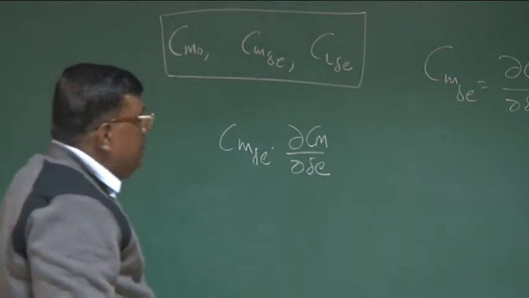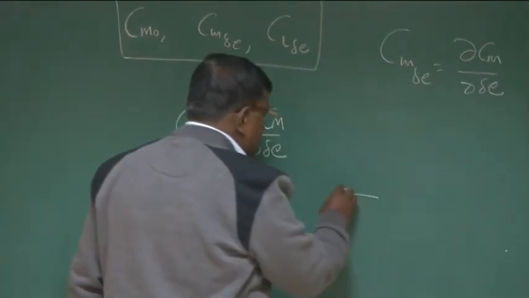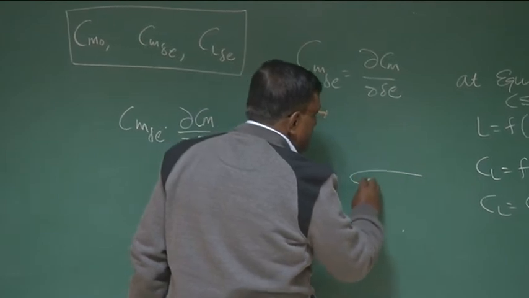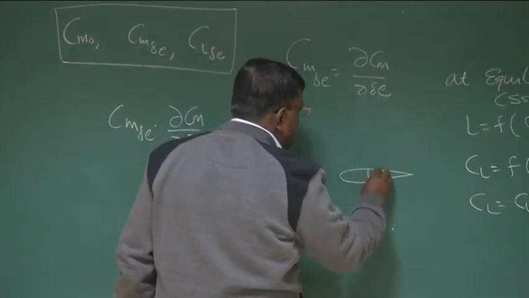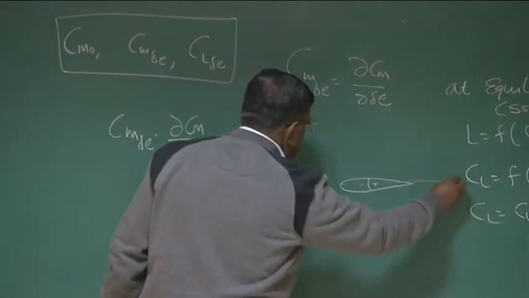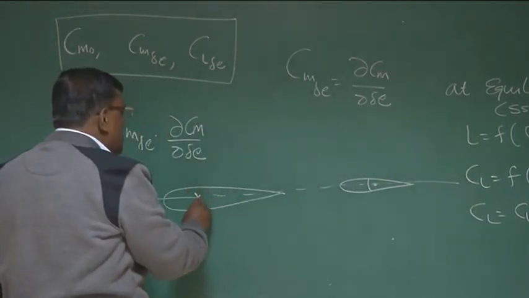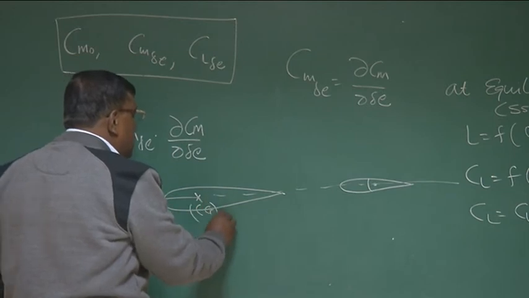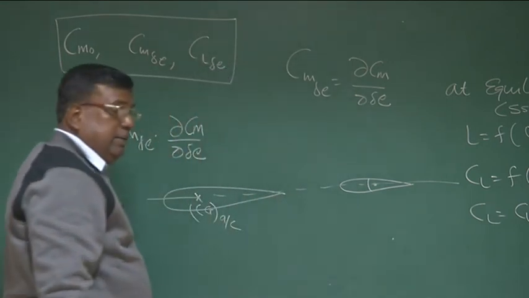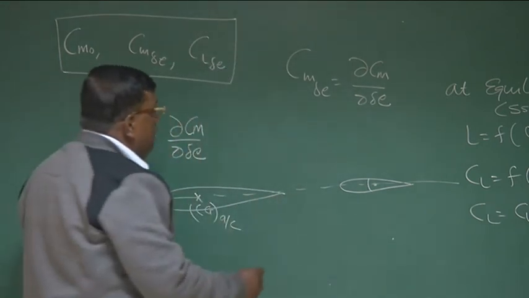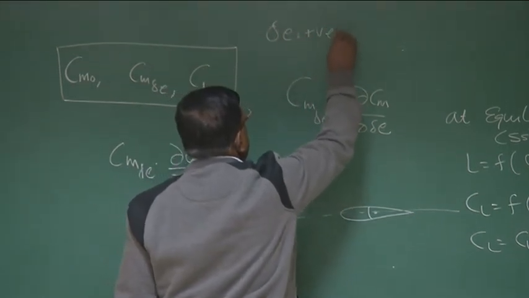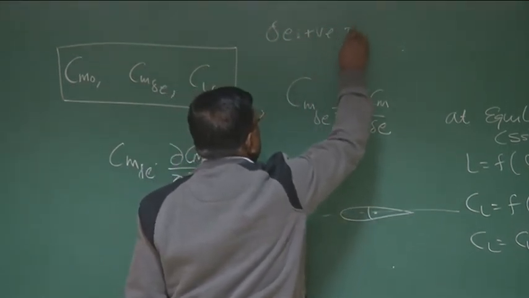What is the physics behind this? Let's say this is the wing, this is the tail, and here is the CG of the airplane. Now if I give a delta E deflection, as you recall, as per the convention, delta E is positive down, sorry.